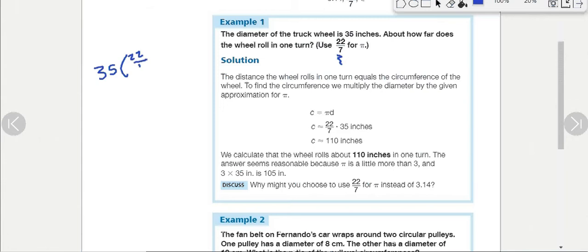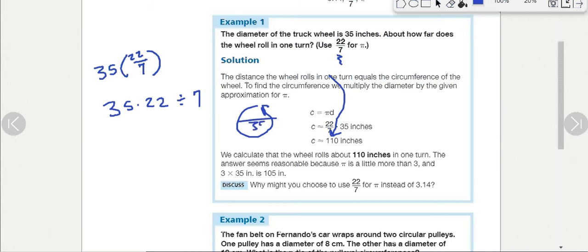So to do that in a calculator, instead of doing 35 times 3.14, this time we go 35 times the numerator, then divide that by 7. And that gives you 110 inches when it goes all the way around with a 35 diameter.